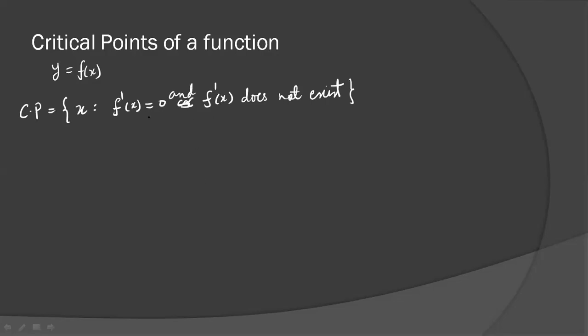The points at which the derivative is 0, suppose the derivative is 0 at x0 and the derivative is not existing at x1, so the collection of points is x0 and x1. So this is the definition of critical point, where the function's derivative is 0 and the collection of points where the derivative does not exist.